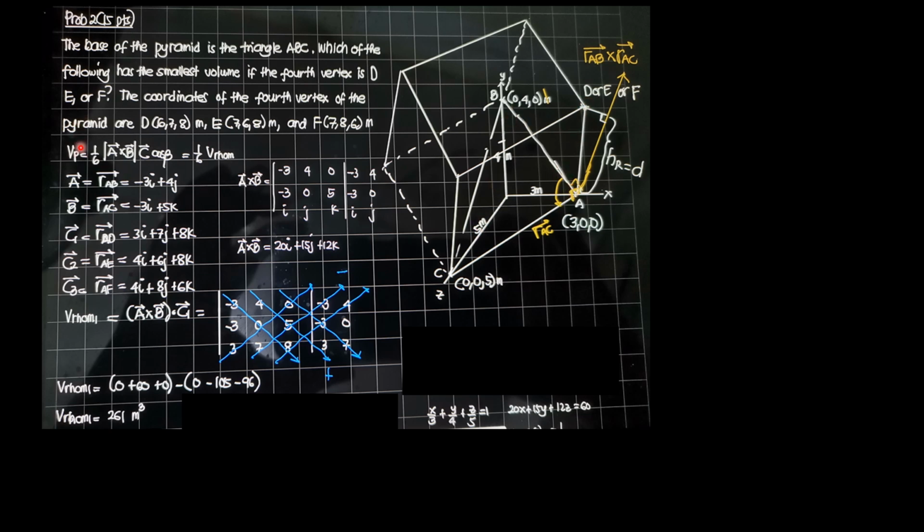Remember that these are the given points. Fourth vertex: D 678, E 768, and F 786. I just scrambled the values so that maybe some of you will not conclude right away that all of these points are at the same distance from the plane of the triangle ABC.